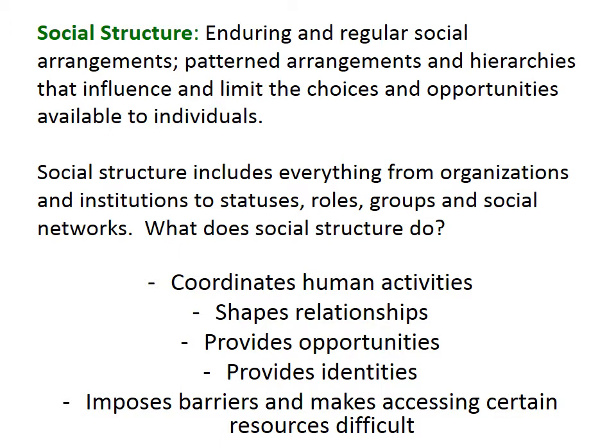Social structure shapes relationships. We'll see that when we talk about statuses, roles, and social networks. Social structure provides opportunities. It also provides identities. We'll talk about that. And then lastly, social structure imposes barriers and makes accessing certain resources difficult.